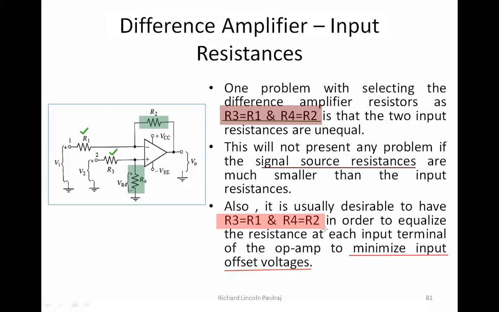Now can you tell me what is input offset voltage? What is this input offset voltage?